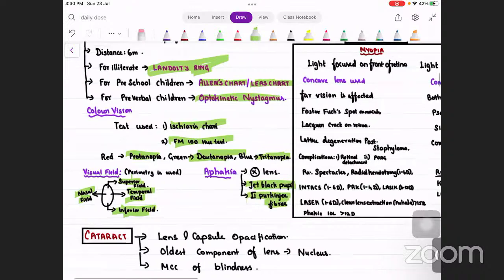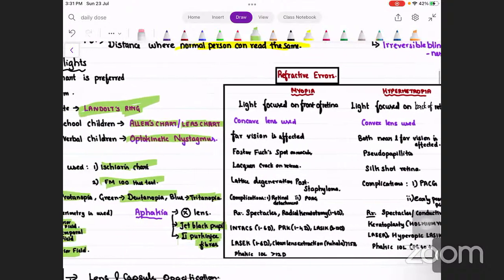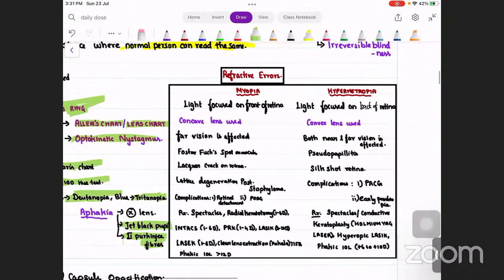Then you have refractive errors, which could be myopia and hypermetropia. What is myopia? Light focused in front of the retina is myopia.